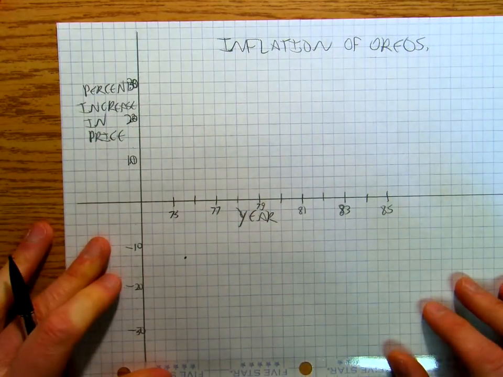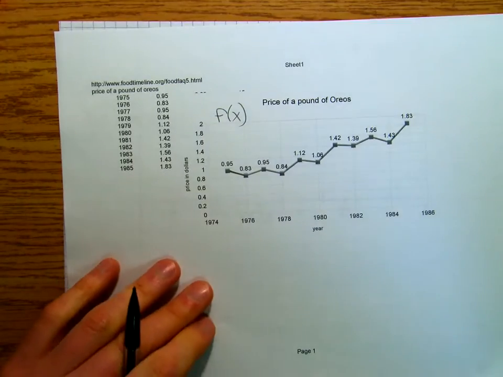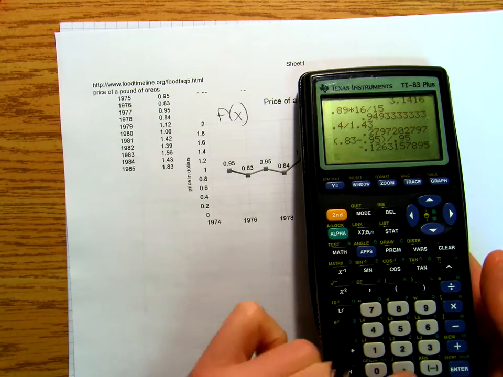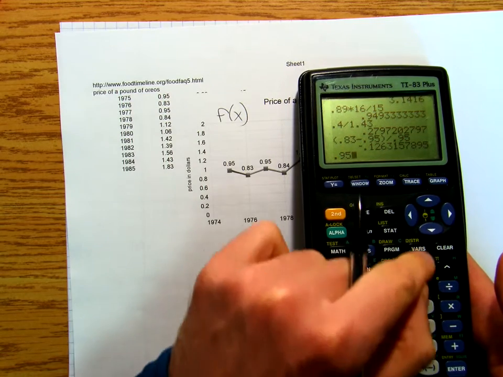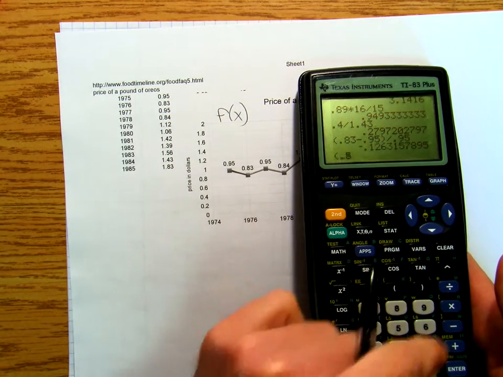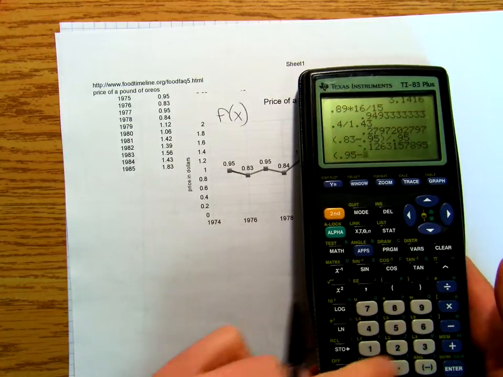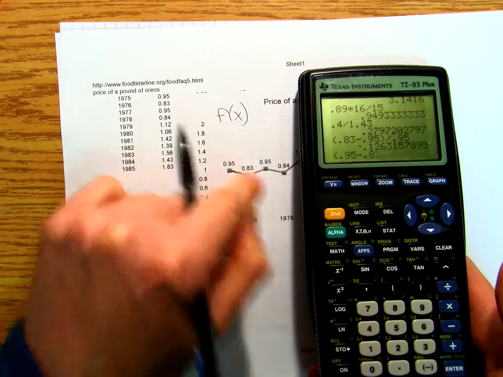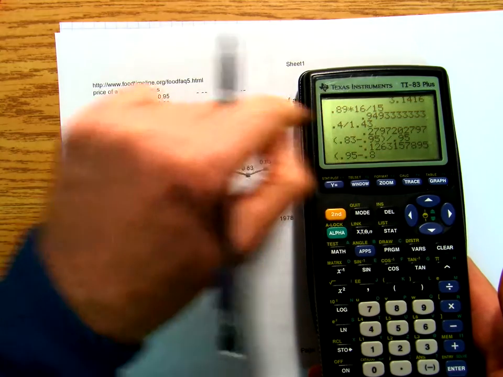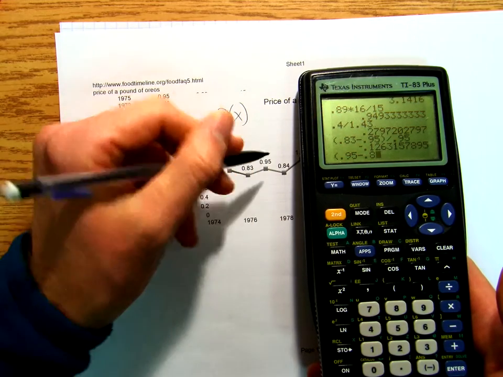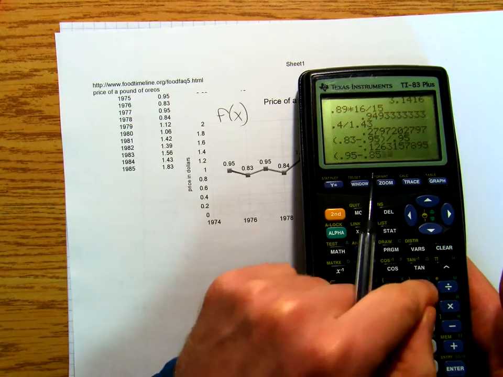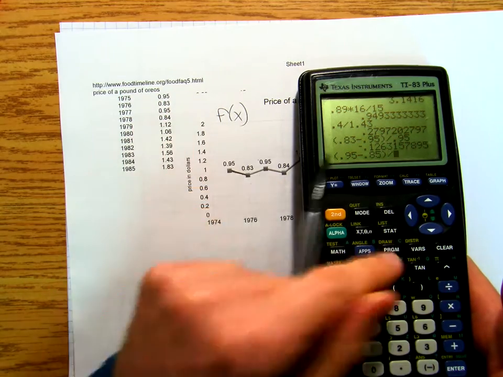Okay, and then I'm going to do another one demonstrating here, and then I'm going to go kind of fast. So now we go 0.95 minus 0.83. I'm sorry, 0.83 minus, no, it's the first one minus that one, divided by that one.